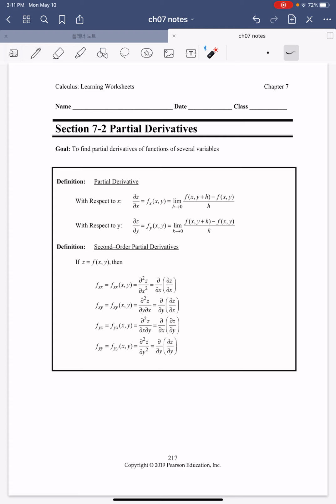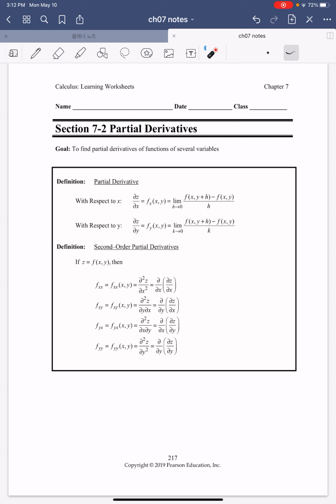Now, in the past, we learned how to take the second derivative, third derivative, fourth derivative, and so on. Same thing here. You can take the second derivatives. In this case, you take the first derivative with respect to x and then another x.